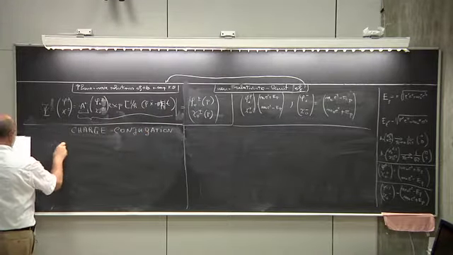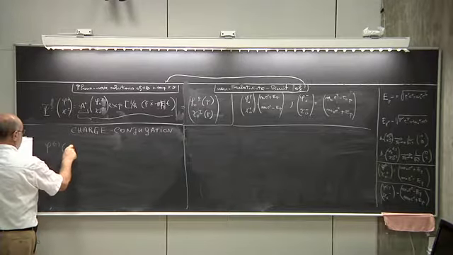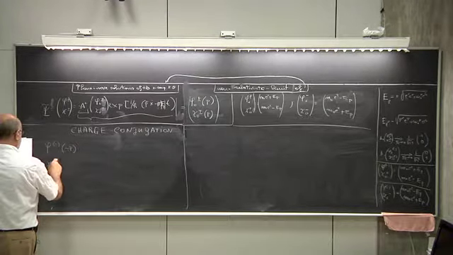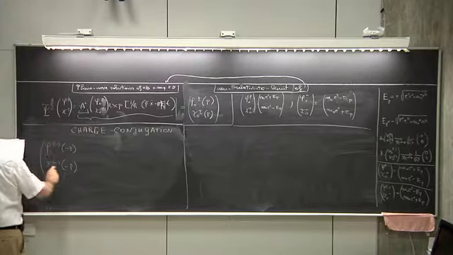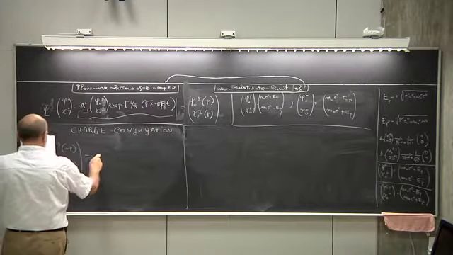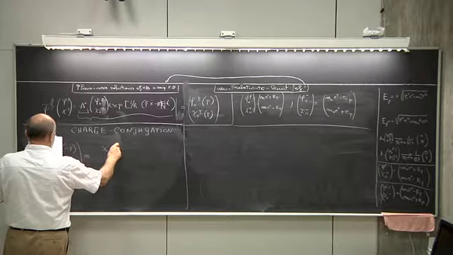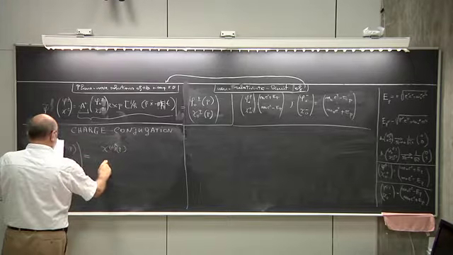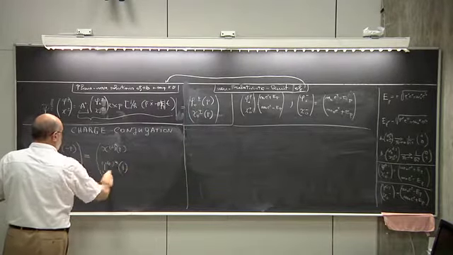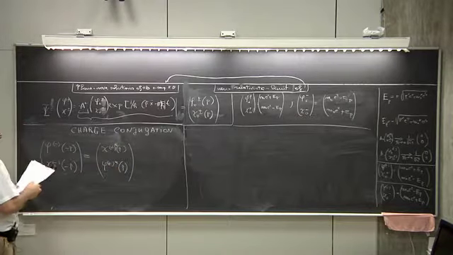Take phi minus and change P into minus P. Take chi minus, change P into minus P. And this object is equal to chi plus star p, phi plus star p. Now let's see if this is true.